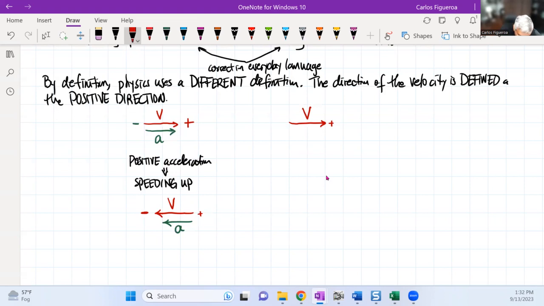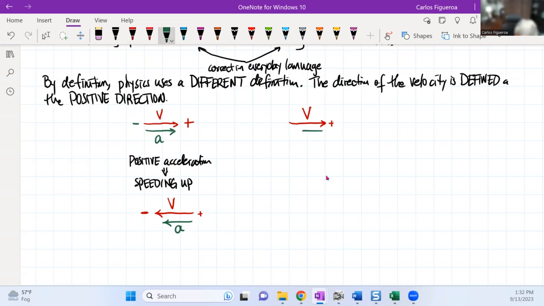So even though the velocity is pointing in the negative direction and the acceleration is pointing in the negative direction, that is called positive acceleration because the result is that you speed up. The same thing happens if I go the other direction here.